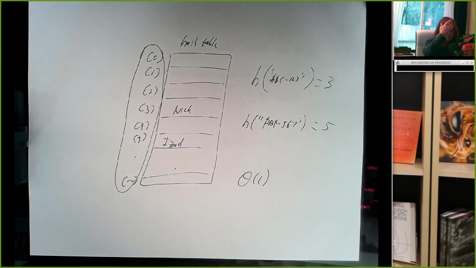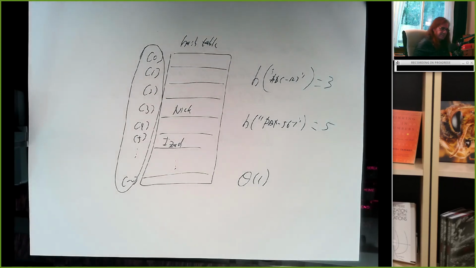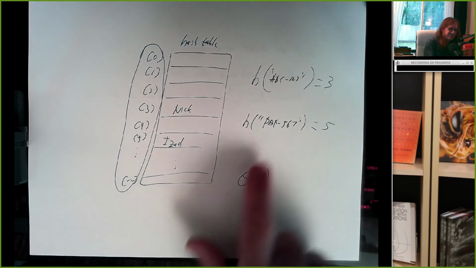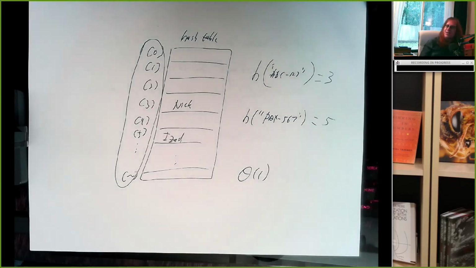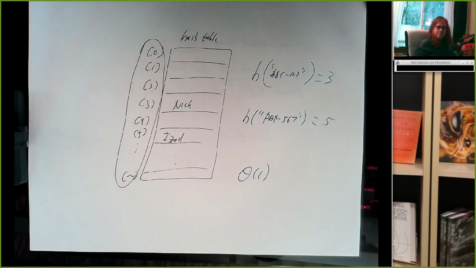How does this associative array work in a way that makes it order 1? Because what's the computer doing that allows it to just instantly access these elements? It's magic. It's using this magic hash function, which takes the index and turns it into a numeric index in this big array.